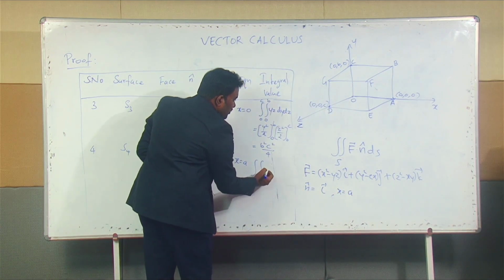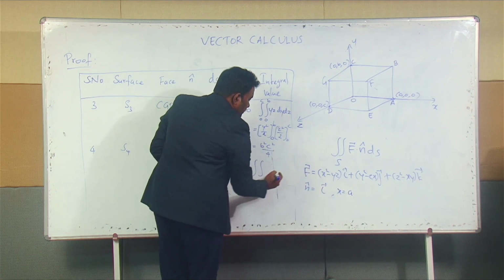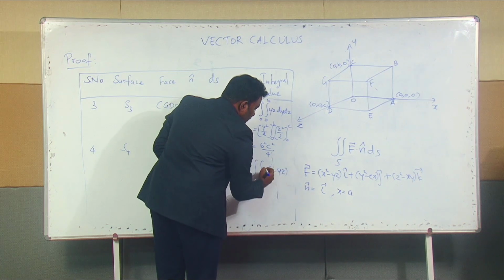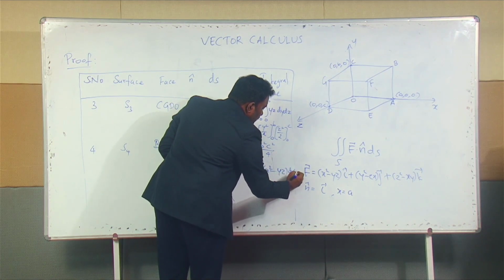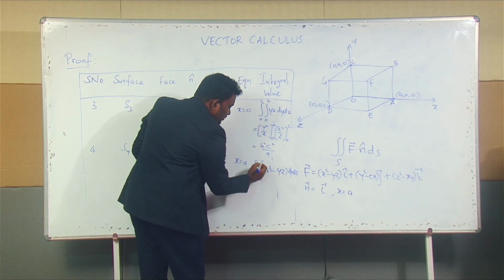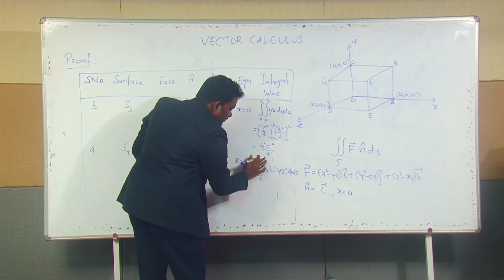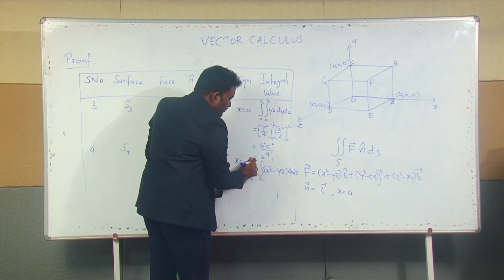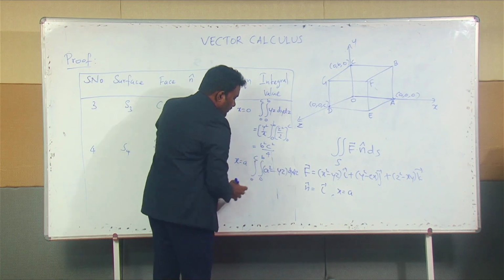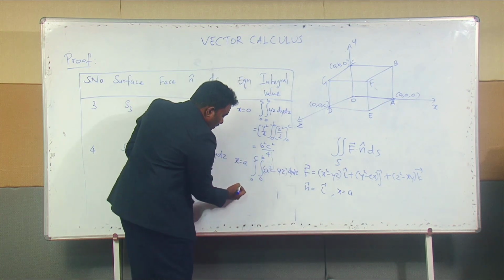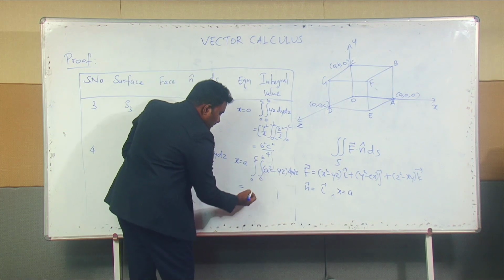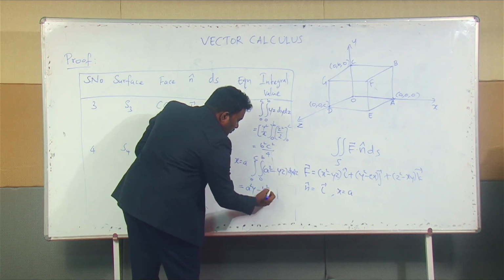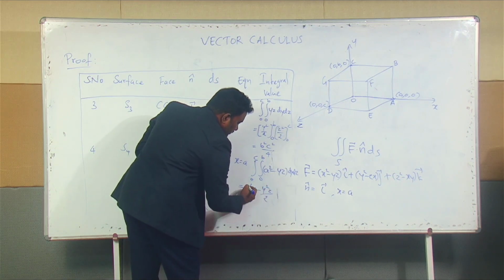So, this double integral value will become, we replace x equal to a here. So, it is a square minus yz of dy dz, and it is from 0 to b and then 0 to c, which are the limits of the y and z axis. So, by solving this, we get a square y minus y square z divided by 2.